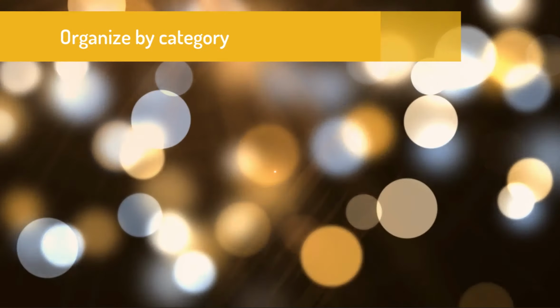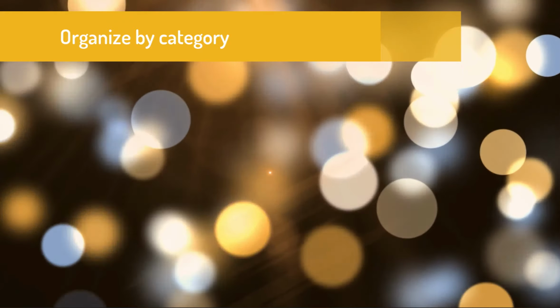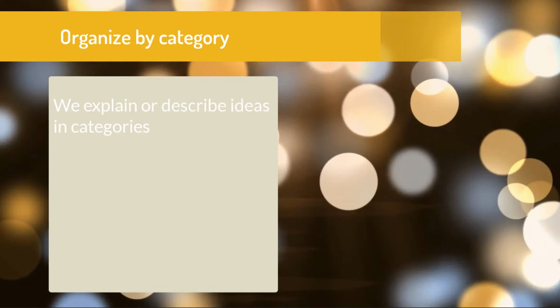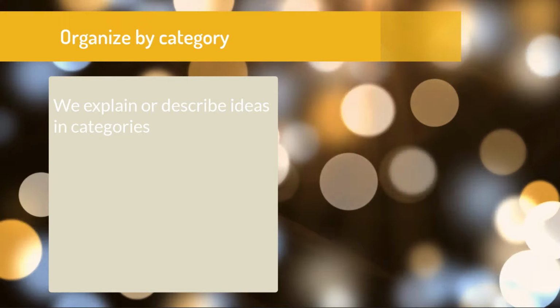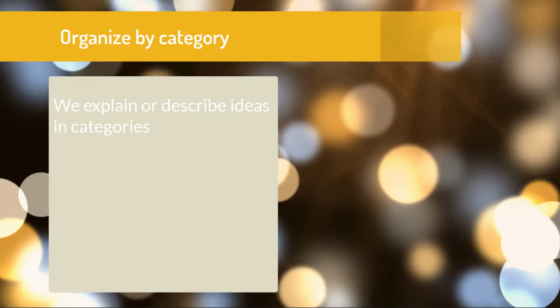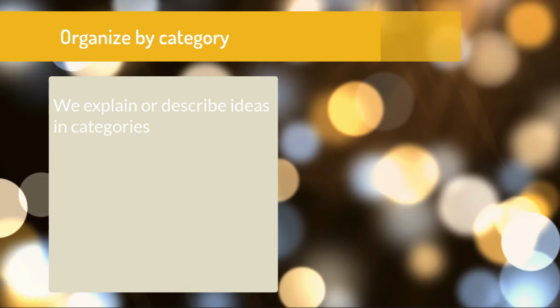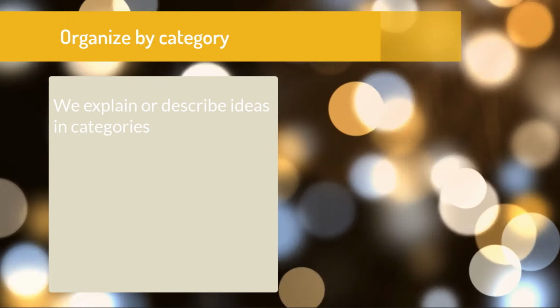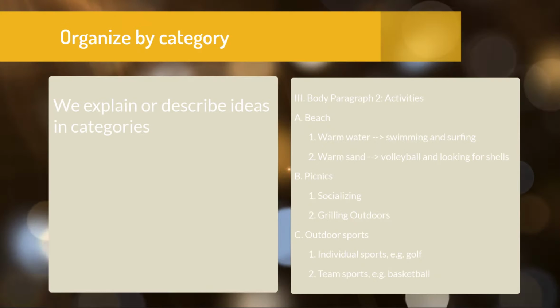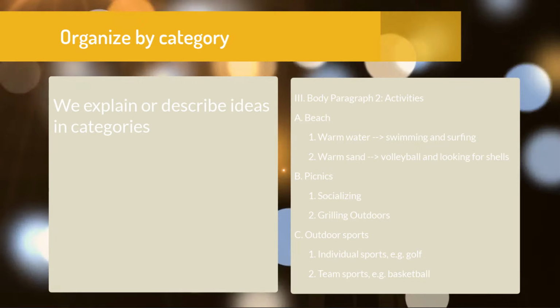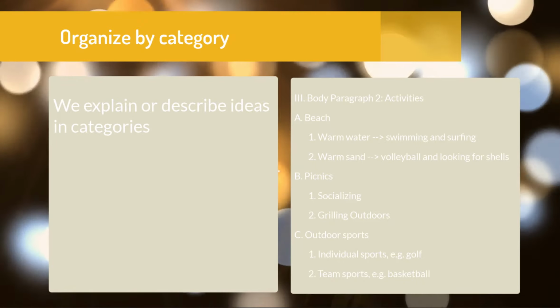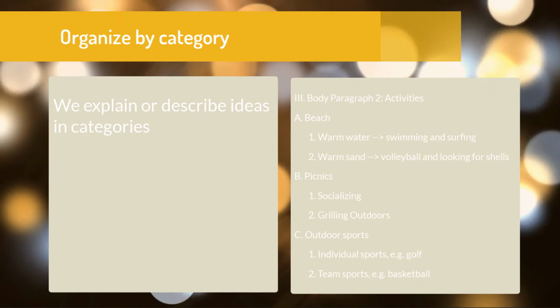When we organize by category, we explain or describe ideas by categorizing our ideas for the reader. Let's look at the example in our book on page 112. On page 112, we have a section from the outline about the effects of sunshine.